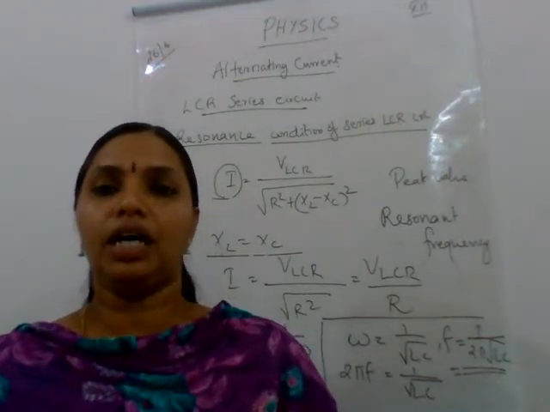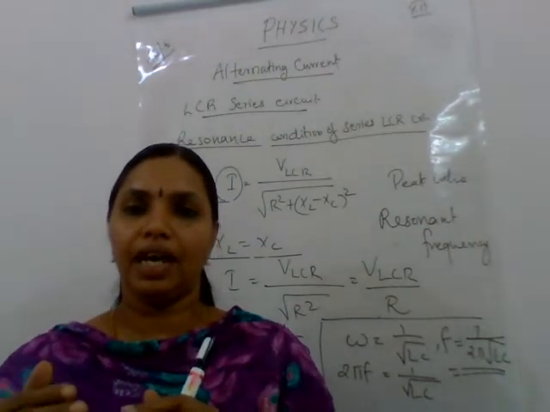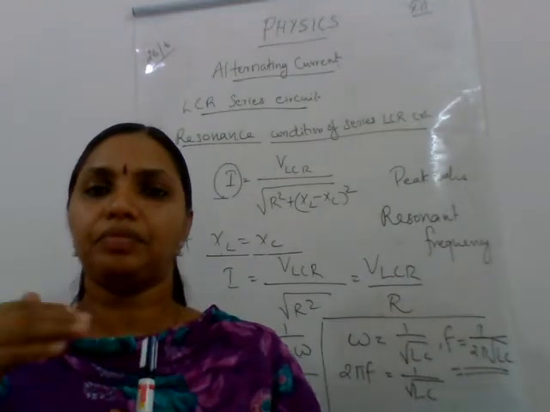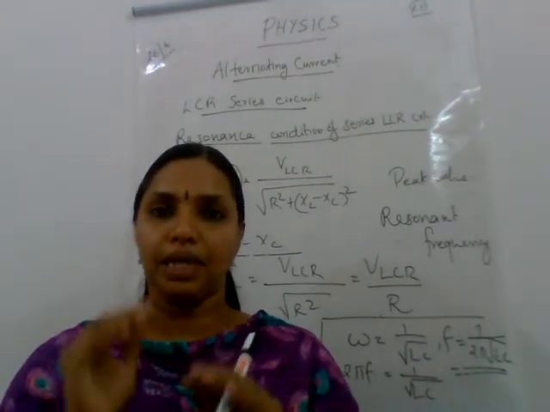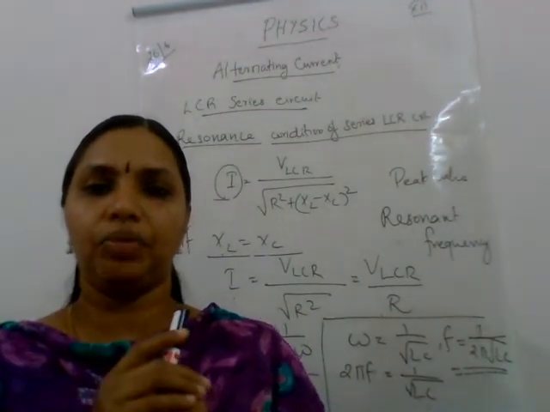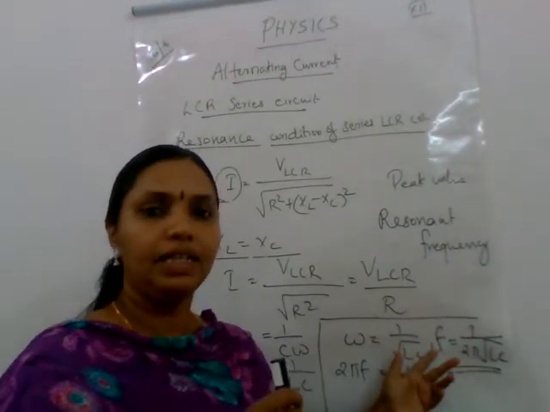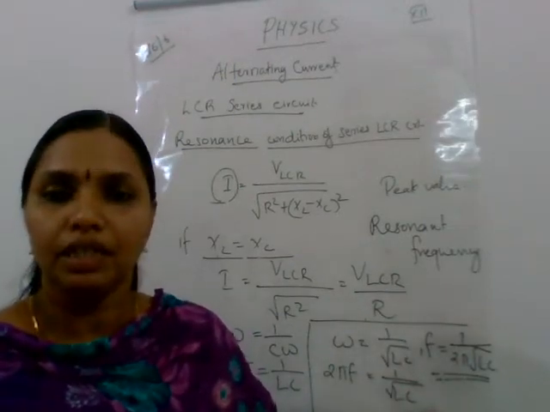Such circuits are also known as acceptor circuits, because if we have a series LCR circuit in the resonance condition, it is ready to accept a particular frequency from a collection of frequencies. This frequency signal will be received by that circuit. So it is known as an acceptor circuit.